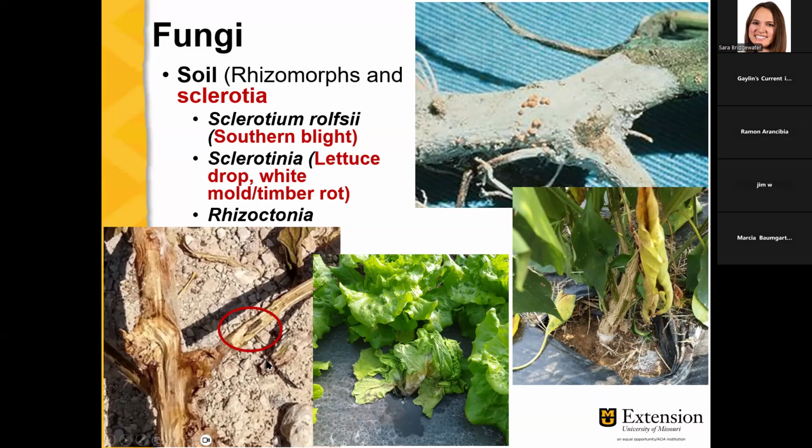In the bottom left, you have that red circle also. It shows inside, where I already cut this. This is a pepper, but it also happens in tomato and in lettuce. It's the same thing. The organism is Sclerotinia, which causes white rot or white mold, or timber rot in tomato, and forms this black structure in the pith of the stem.